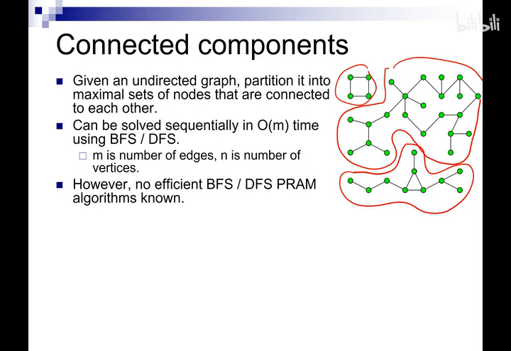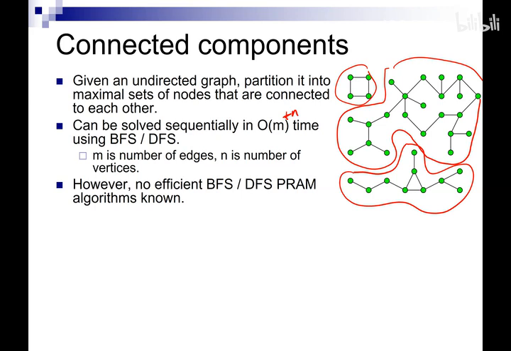Now, in a sequential setting, we would normally just solve this by breadth first search or depth first search, and this would take linear time, m plus n, where m is the number of edges and n is the number of vertices. However, in the PRAM setting, we can't use BFS or DFS to find connected components, because we don't have efficient PRAM algorithms to do either.